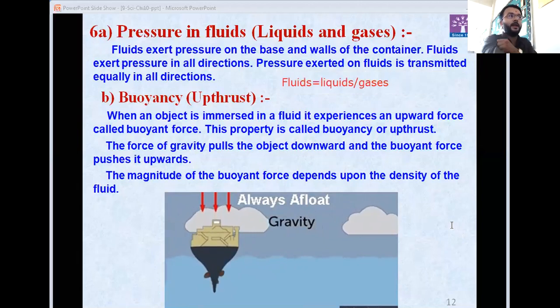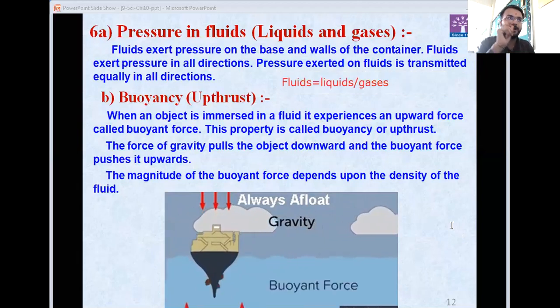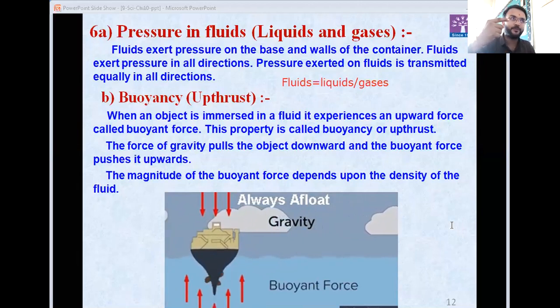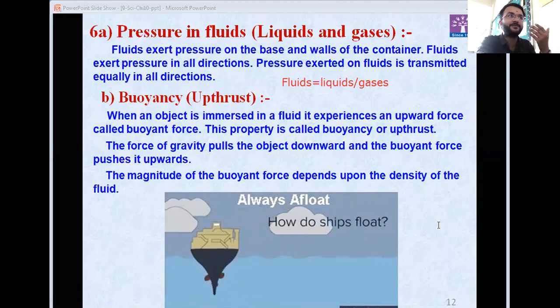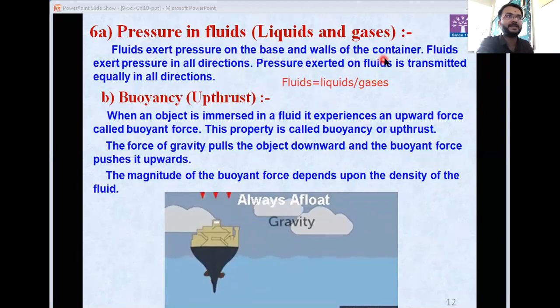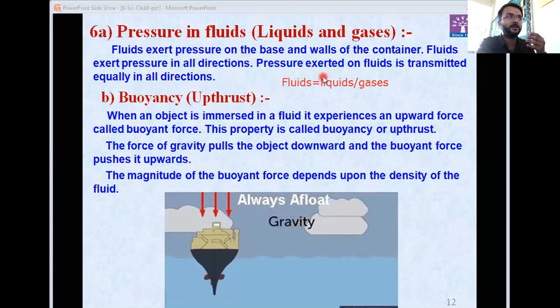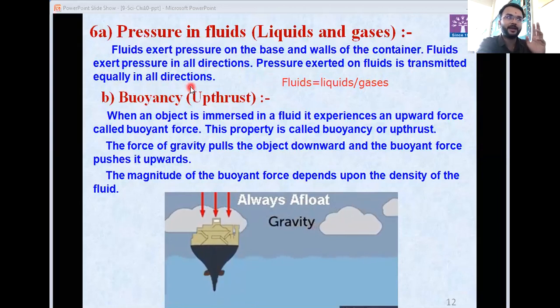Okay, now if we consider liquid and gas filled in any vessel, then both of these states of matter will exert force on the walls of that container. So how they exert force, that we are going to study. First of all, fluids exert pressure on the base and walls of the container. Fluids exert pressure in all directions. Pressure exerted on fluids is transmitted equally in all directions.